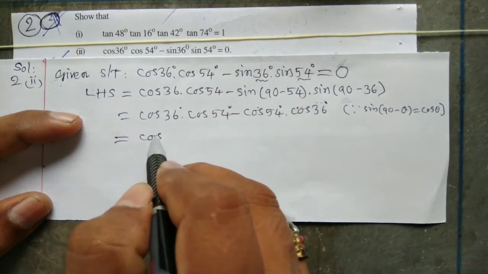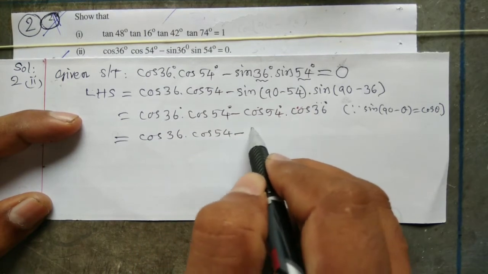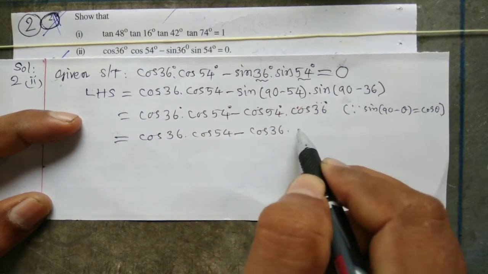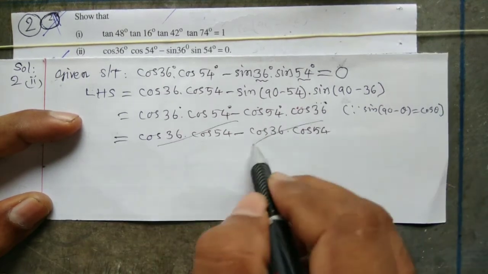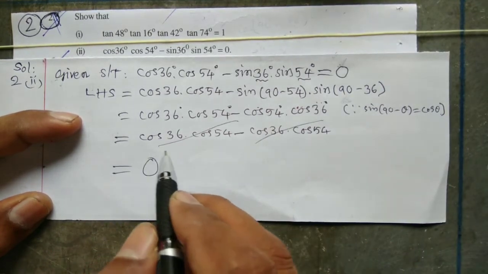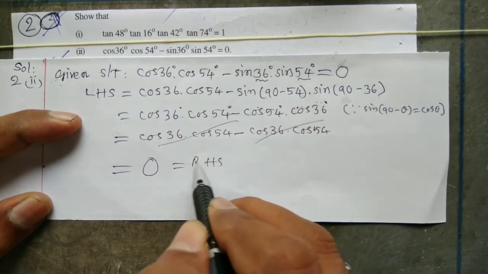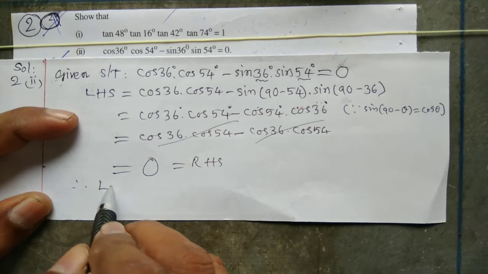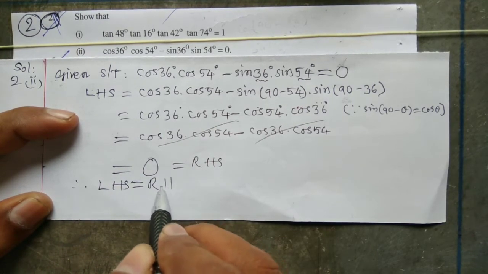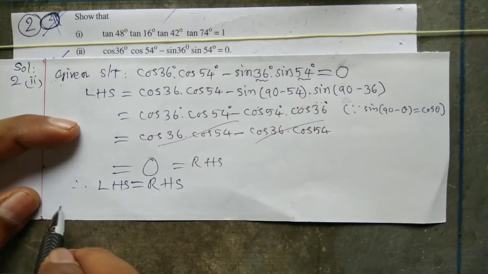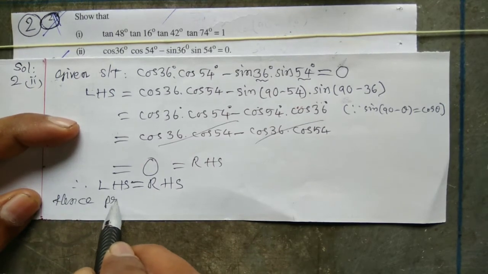We can write one step to show clarity: minus cos 36 cos 54. So same, that's why we can cancel this. 0 is RHS. Therefore, LHS is equal to RHS. So, hence proved.